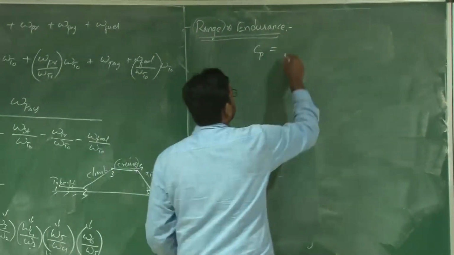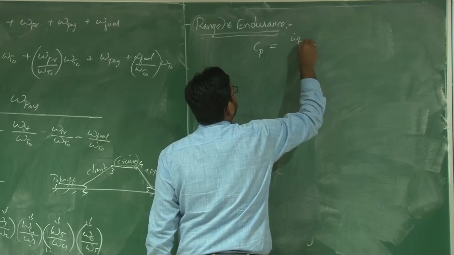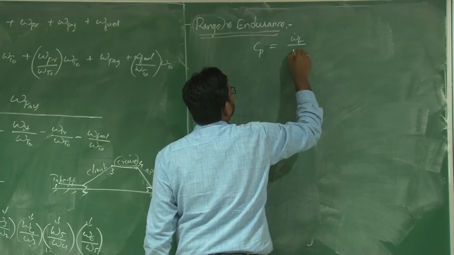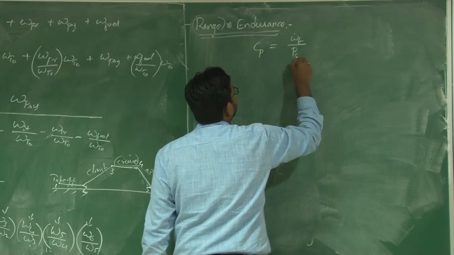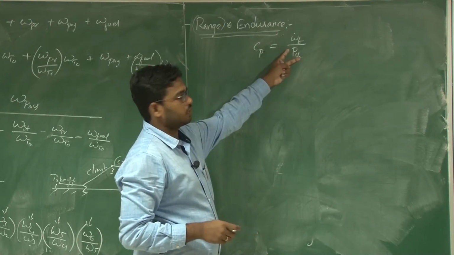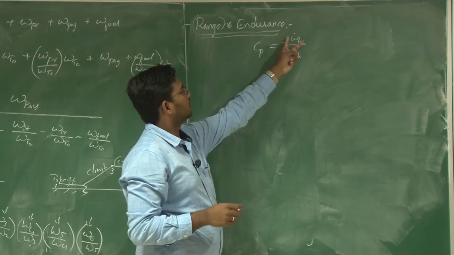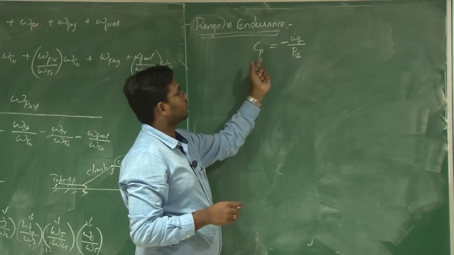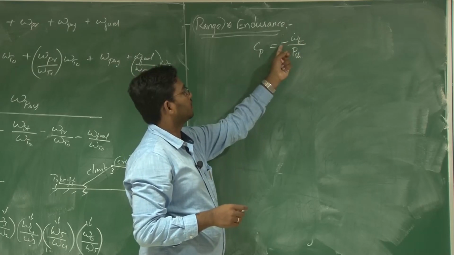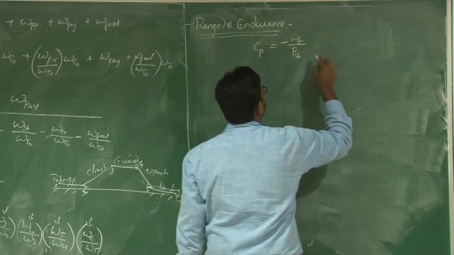right. We started with range and endurance, but we finished what is range. We have defined specific fuel consumption of these IC engine based systems, which is the amount of fuel consumed to produce unit power, right. So the power that we have discussed is the shaft power. So Cp, since Wf is negative, is a figure of merit. So we define Cp as minus Wf by Psh, shaft power.